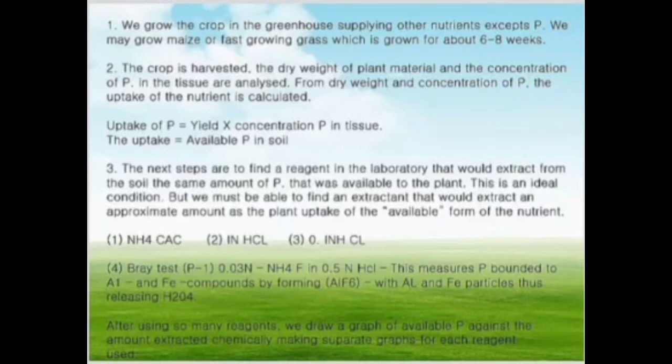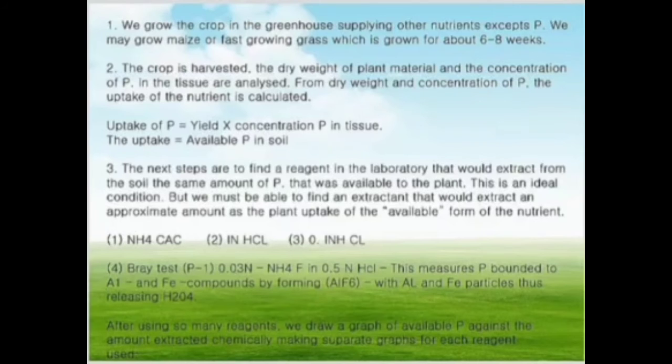From dry weight and concentration of P, the uptake of the nutrient is calculated. Uptake of P equals yield x concentration of P in tissue. The uptake equals the available P in the soil.